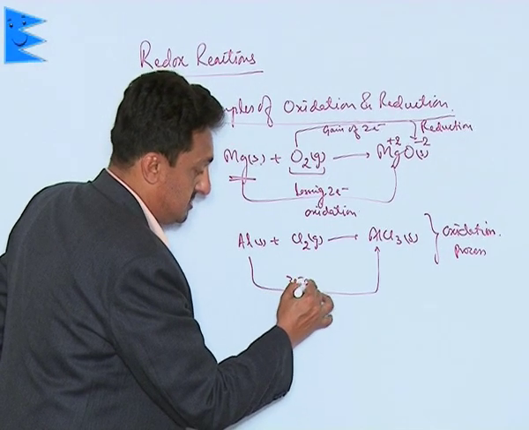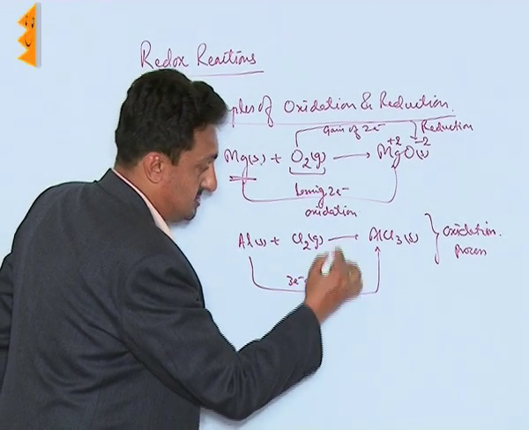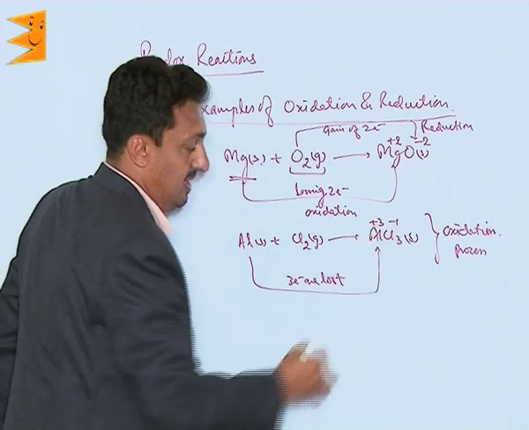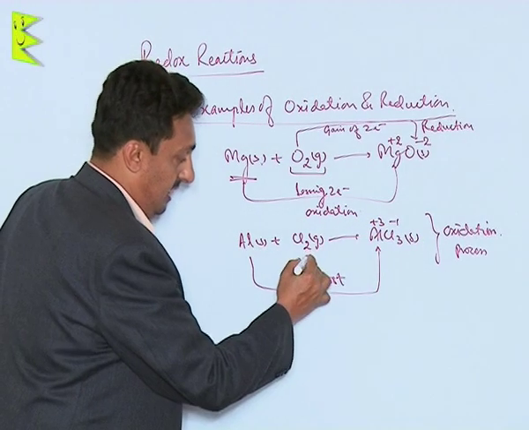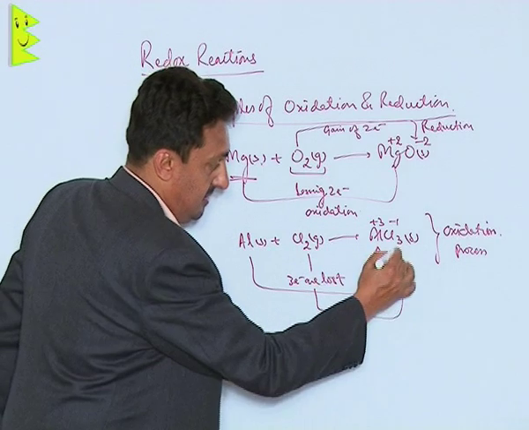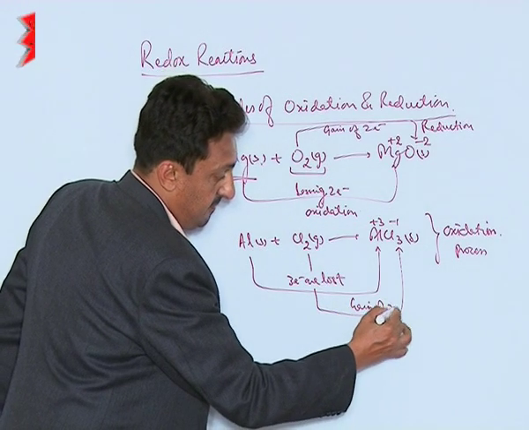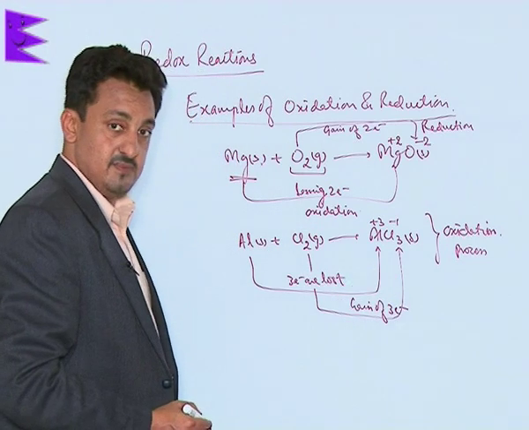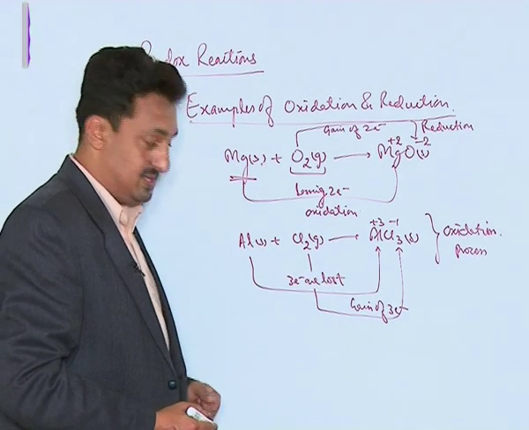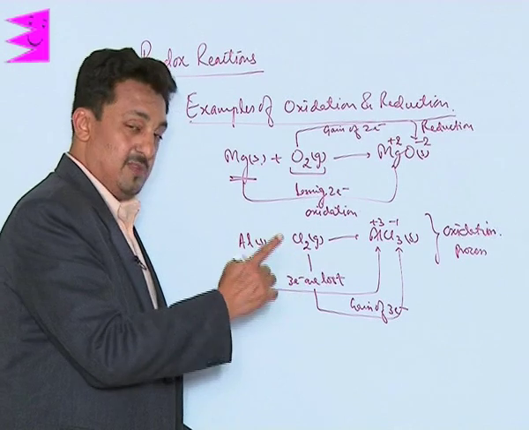3 electrons are lost because aluminium is in +3, and chlorine is in -1, on the other hand, in gain of 3 electrons. Basically 3 chlorines are involved in this, 1 chlorine accepting 1.